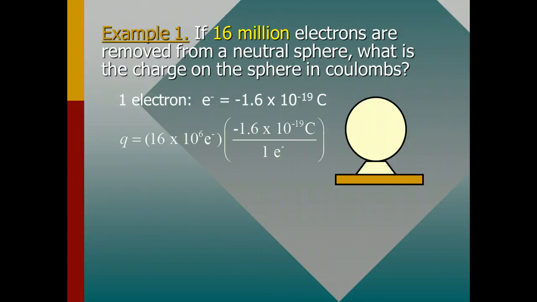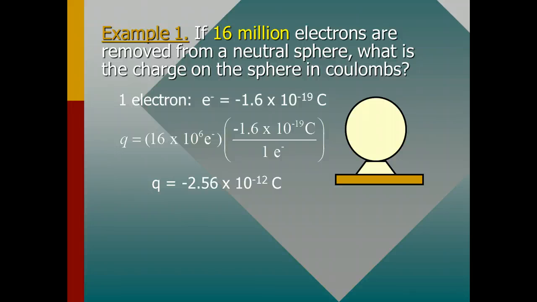So you should remember that the electron is negative 1.6 times 10 to the negative 19th coulombs, which means that the amount of charge that we took off is equal to the charge per electron multiplied by the number of electrons that we removed. So we had 16 times 10 to the 6th, that's 16 million electrons removed, at a charge of negative 1.6 times 10 to the negative 19th coulombs, which resulted in a total charge removed of negative 2.56 times 10 to the negative 12th coulombs.